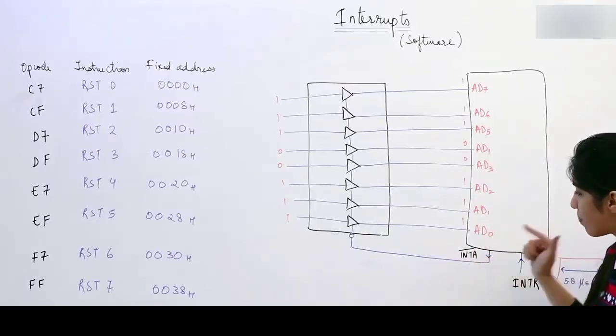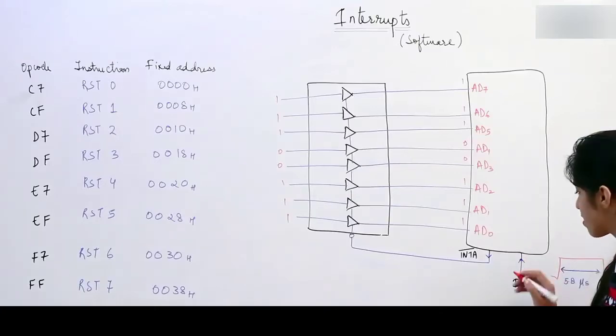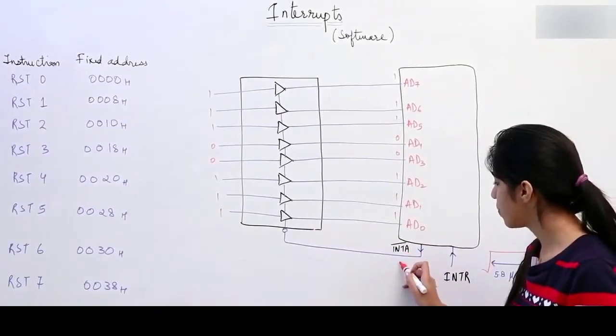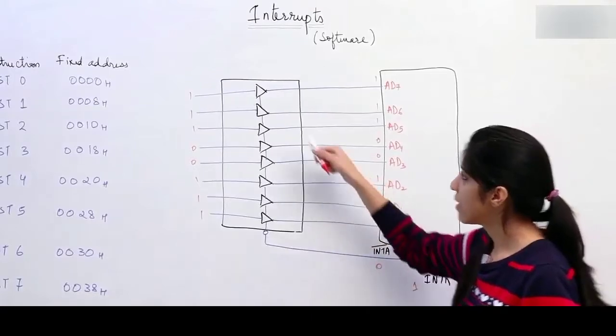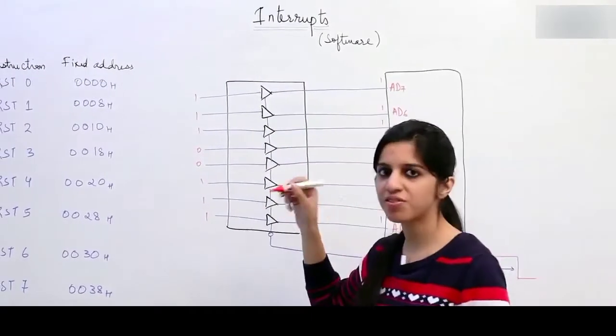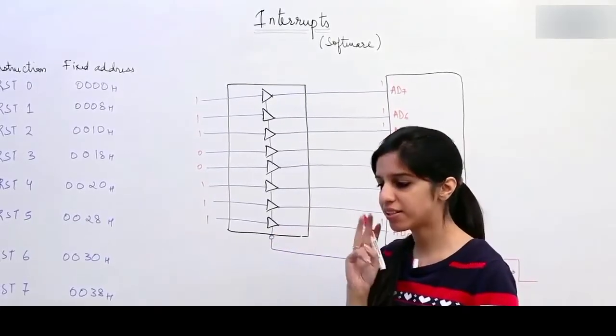But as soon as you raise this interrupt INTR, you make this 1, this pin INTA bar becomes 0. These gates that I have put here are known as tri-state buffers. Tri-state buffers can have 3 states.